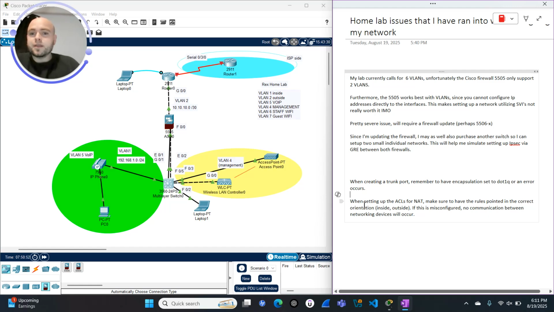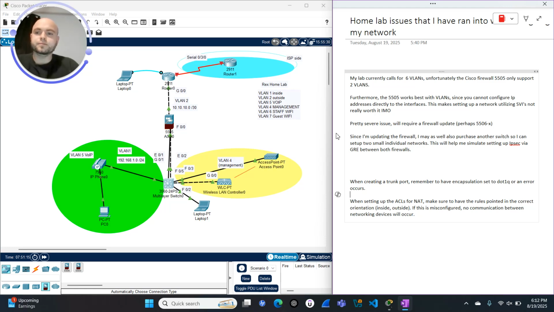And the last thing that was kind of a challenge point for me, because I don't have a lot of experience with firewalls. My experience comes from last night playing with a 5505 for about an hour, watching YouTube videos, talking to ChatGPT, and I got it configured.